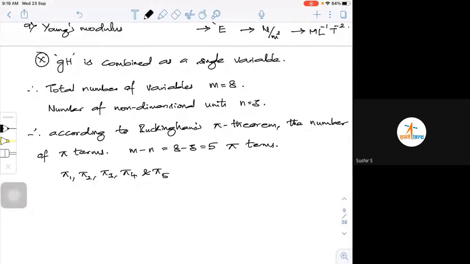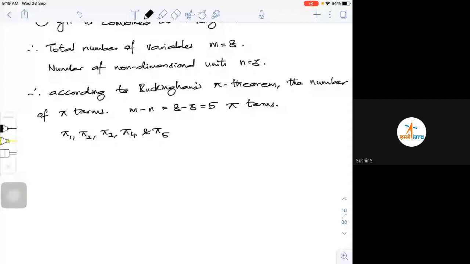there are certain repeating variables. If you go back to your fluid mechanics, to solve for pi 1, pi 2, pi 3, we need to choose the repeating variables.